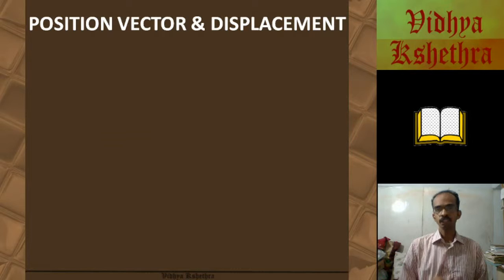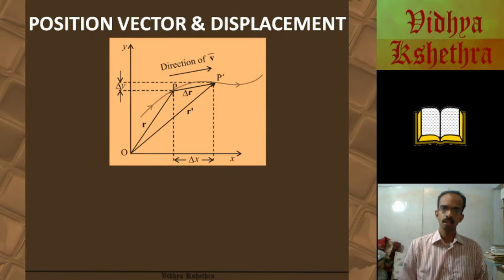Okay, now position vector and displacement. Consider a body moving along a path as shown in this figure. Then we can represent this motion of the body along the path along these two coordinate axes.